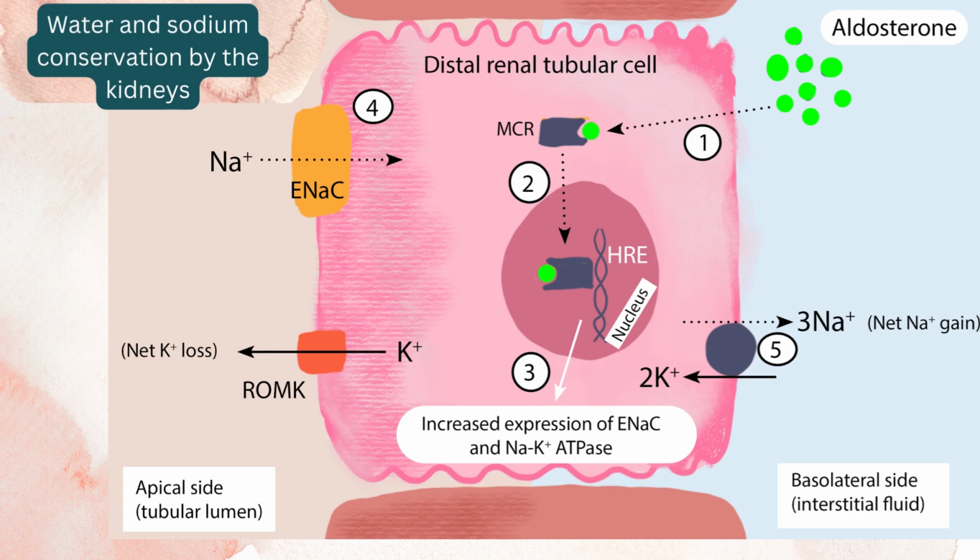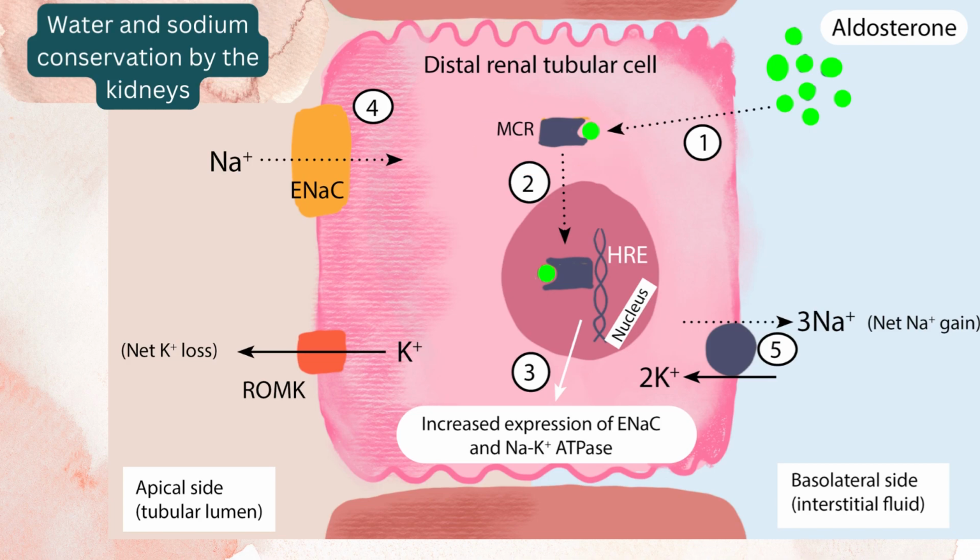So how does aldosterone promote water and sodium conservation by the kidneys? This illustration shows a distal renal tubular cell. Aldosterone, a lipid-soluble steroid hormone, diffuses through the cell membrane of the ductal epithelial cell and binds to the cytosolic mineralocorticoid receptor.